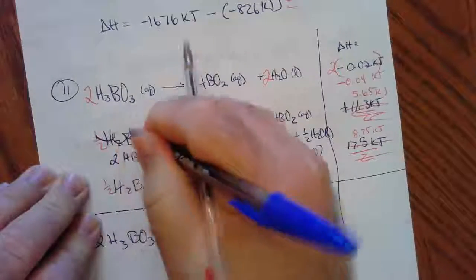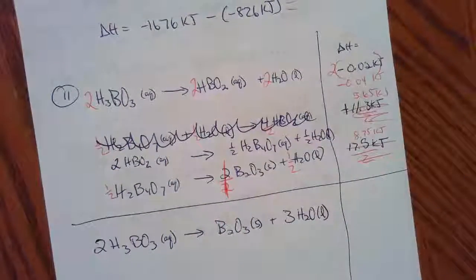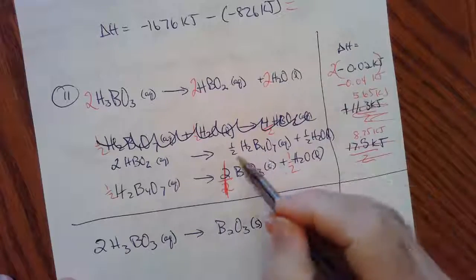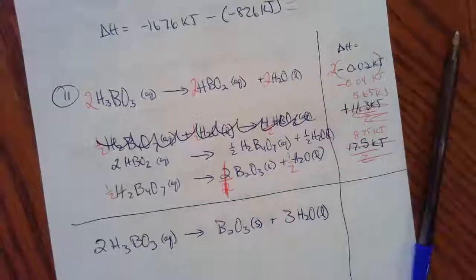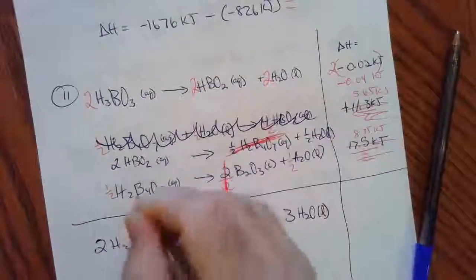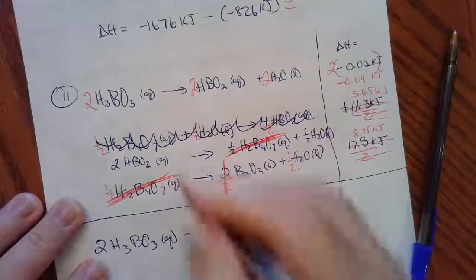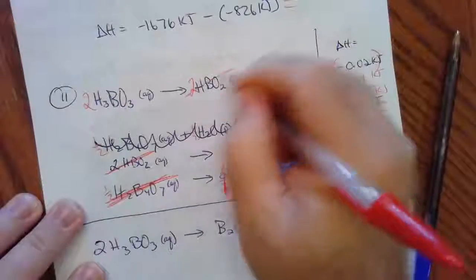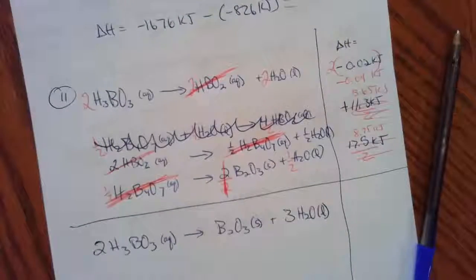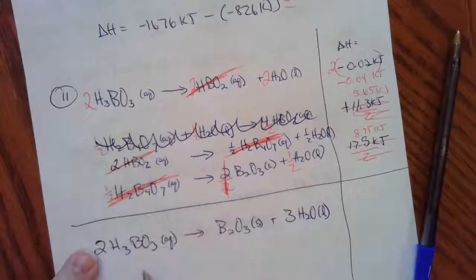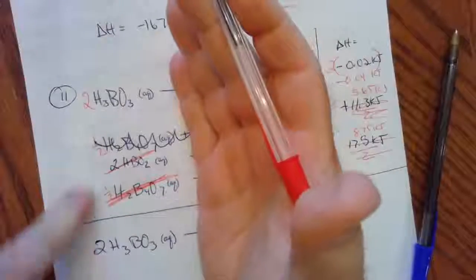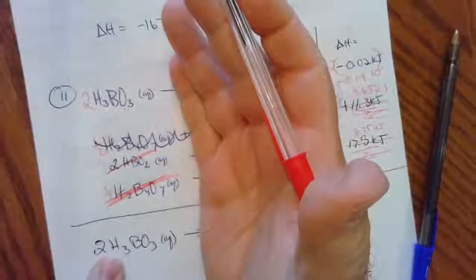And this is all gone now. So my half H2B4O7s are going to cancel. My 2 HBO2s are going to cancel. So bring it down. The only thing on the left is 2 H3BO3s.